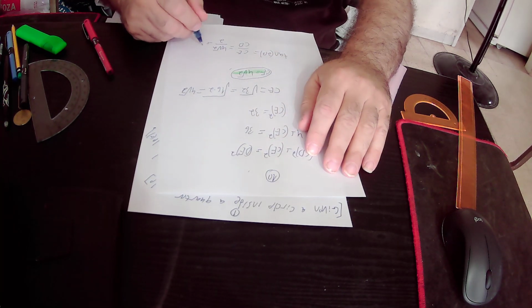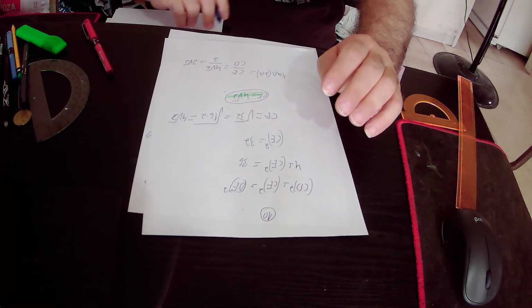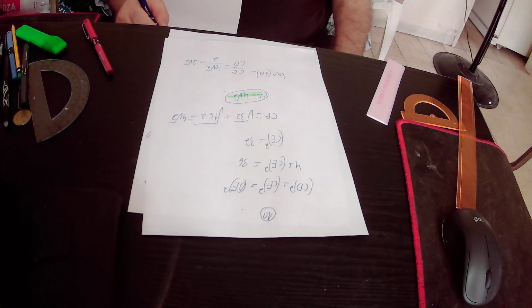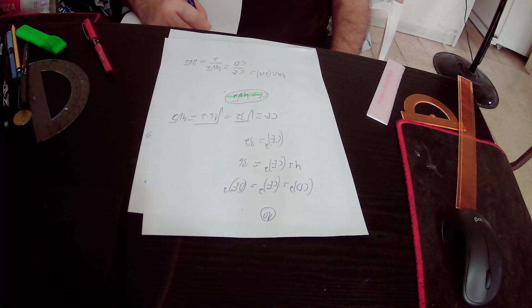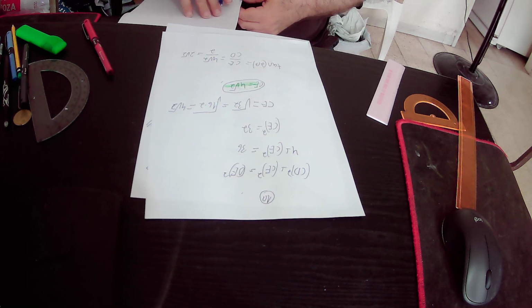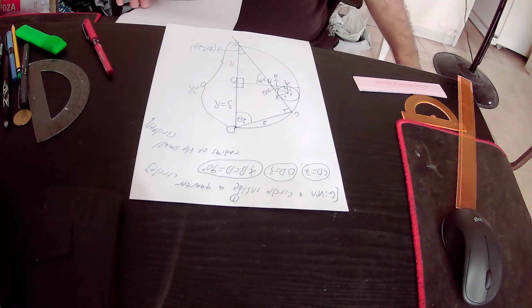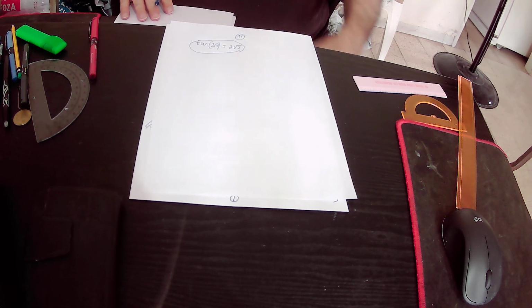So tangent 2 theta equals 2 times root 2.